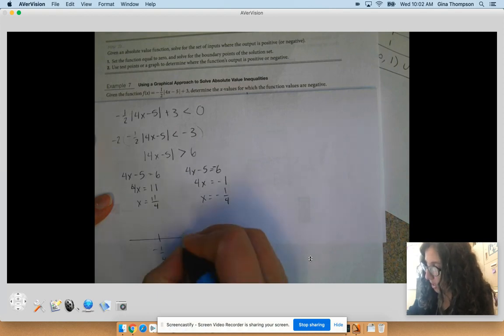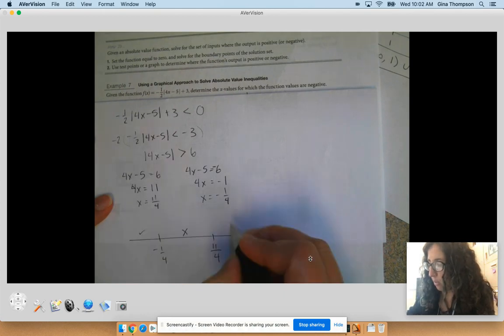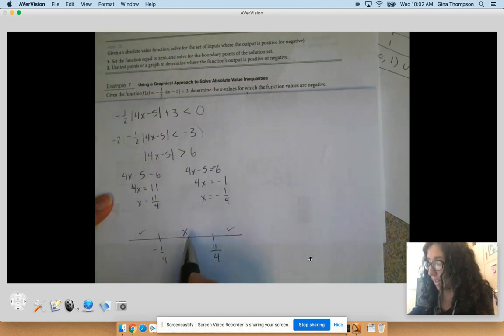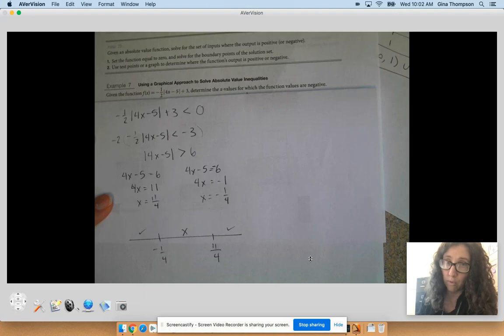So 0 doesn't work. Since this is an absolute value function, we know it's a V, right? Either the inside is true and the outside two are both wrong, or the middle is false and the outside two are both true. So you really only need to test one interval if it's an absolute value function, because we know what the graph looks like. Later on, we'll do this with polynomials, and then we really have to check every interval.